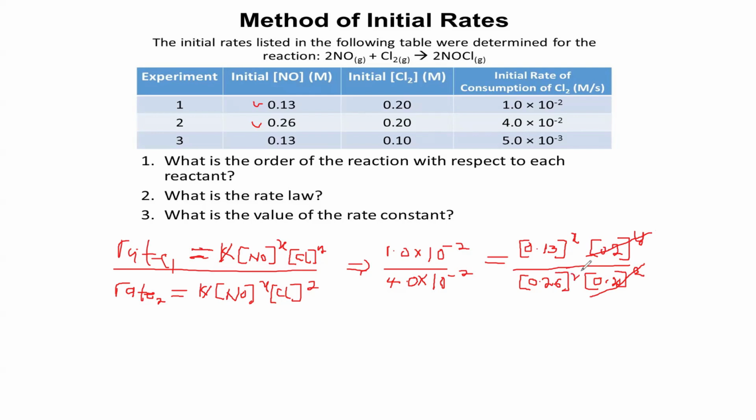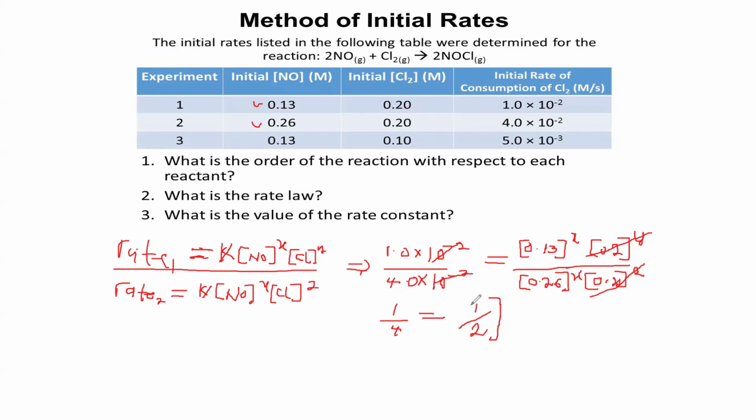Close the brackets here too. So at the end we are going to have 1.4 here, divided by, for this one divided by this, we are also going to have 1.2.